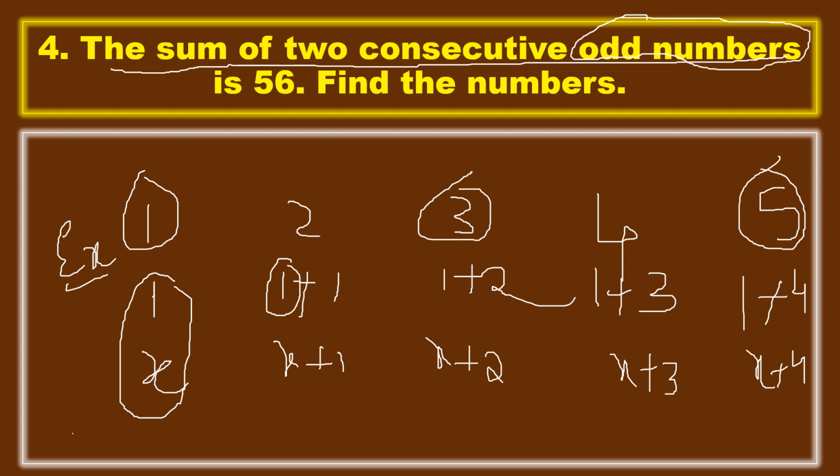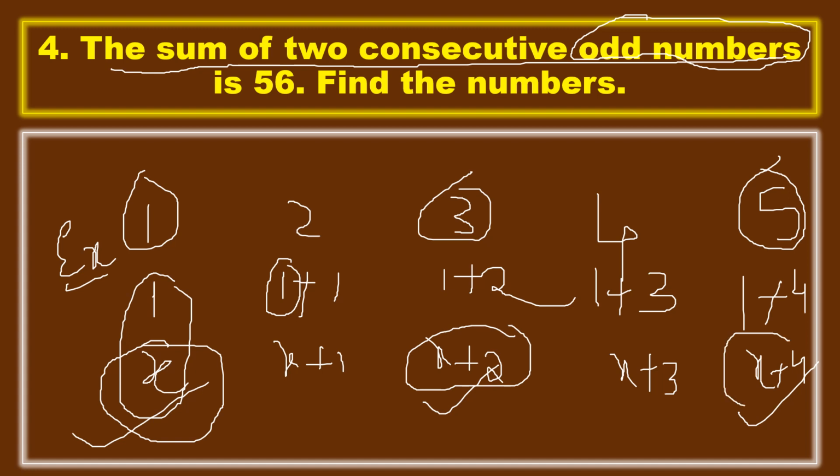So what are my odd numbers? x plus 2 and x plus 4, because 1, 3, 5 are odd numbers. So whatever is there in 1, 3 and 5, those values are my consecutive odd numbers. So here x, next is x plus 2, next is x plus 4. These are my consecutive odd numbers.